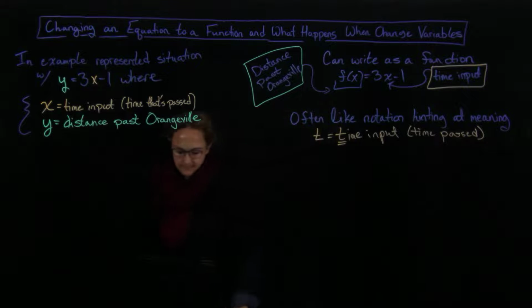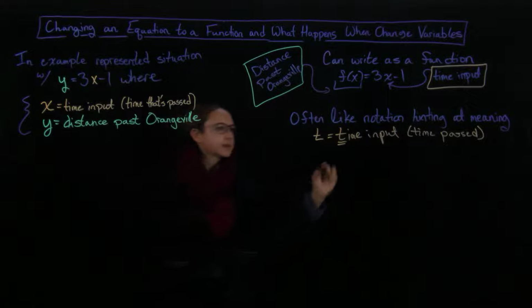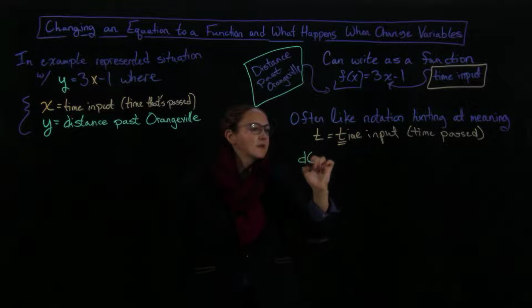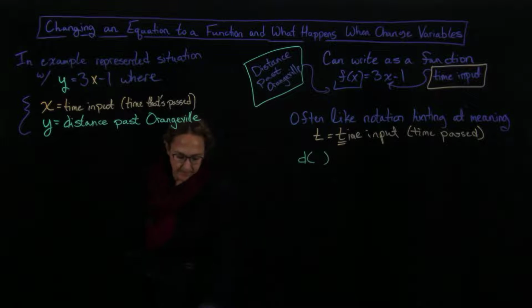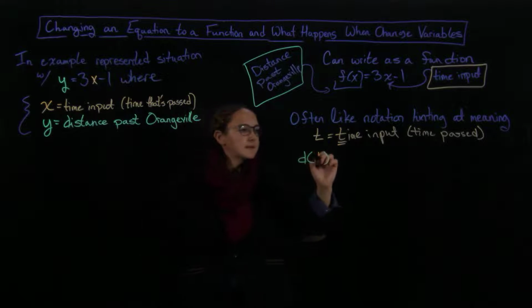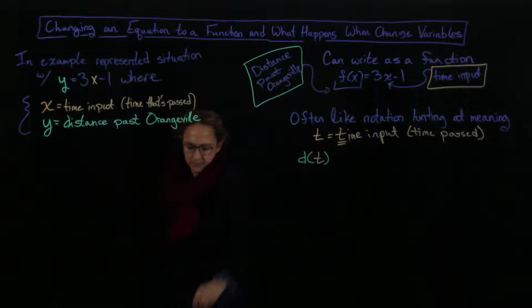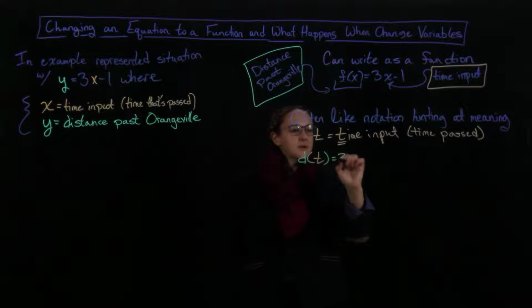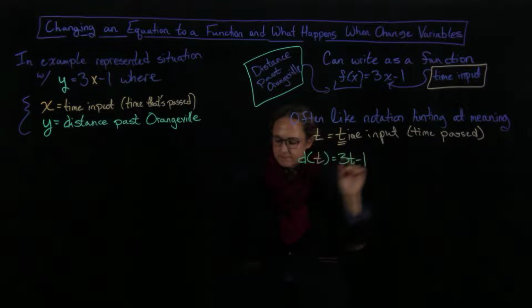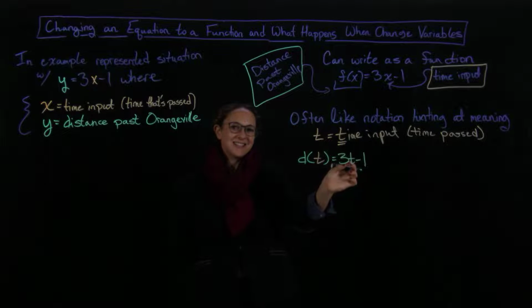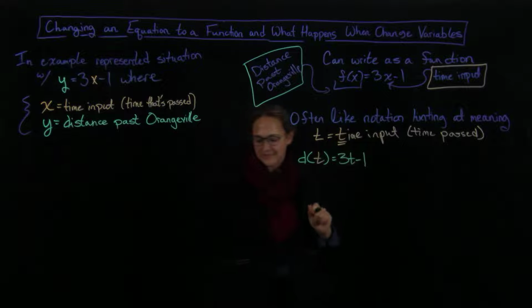And instead of f of x, maybe now d for distance. But this is still equal to 3t minus 1. I just replaced the x with the t.